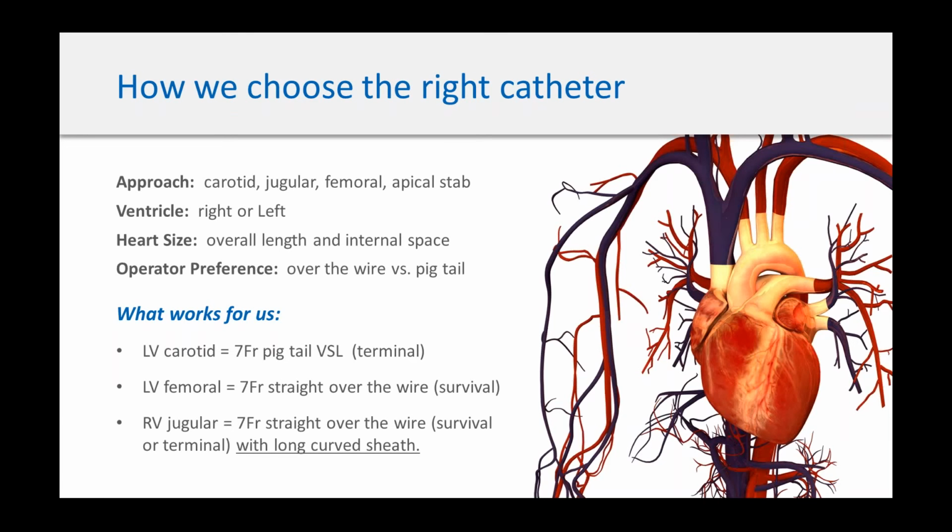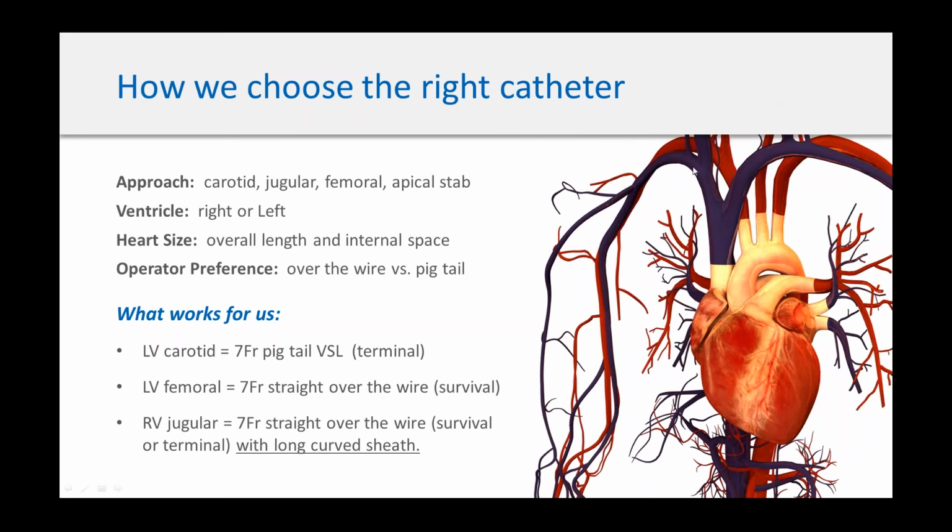How do we choose our catheters? Basically, what we're going to do is going to dictate the catheter that you choose, and mostly your approach. Are you going to go from the carotid? We'll start in the right carotid, go down here into the aorta and into the left ventricle. So that's one sort of method.